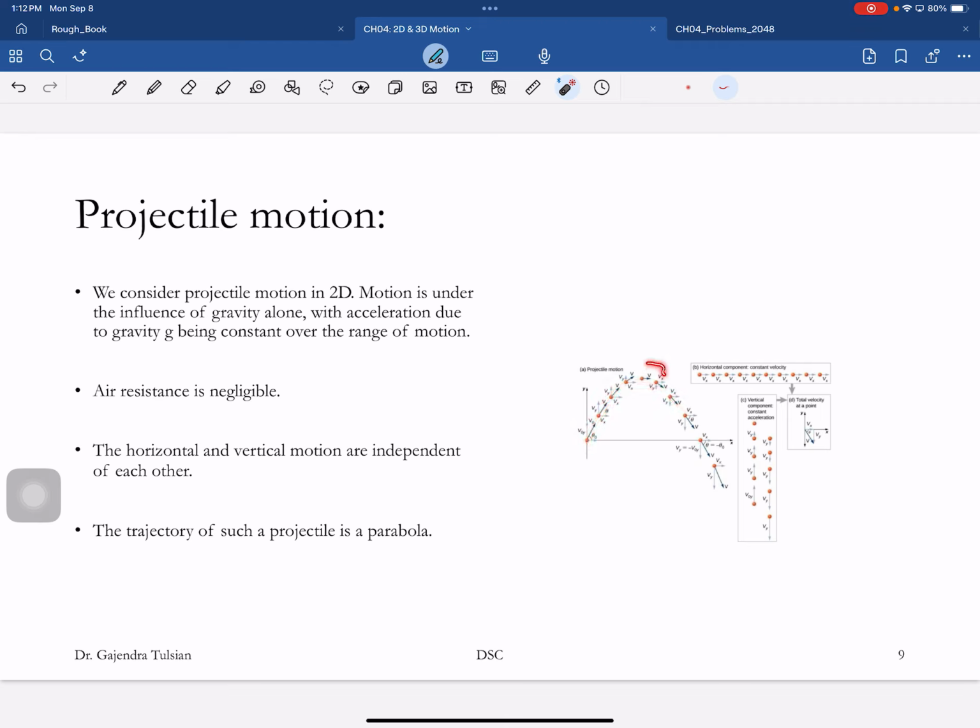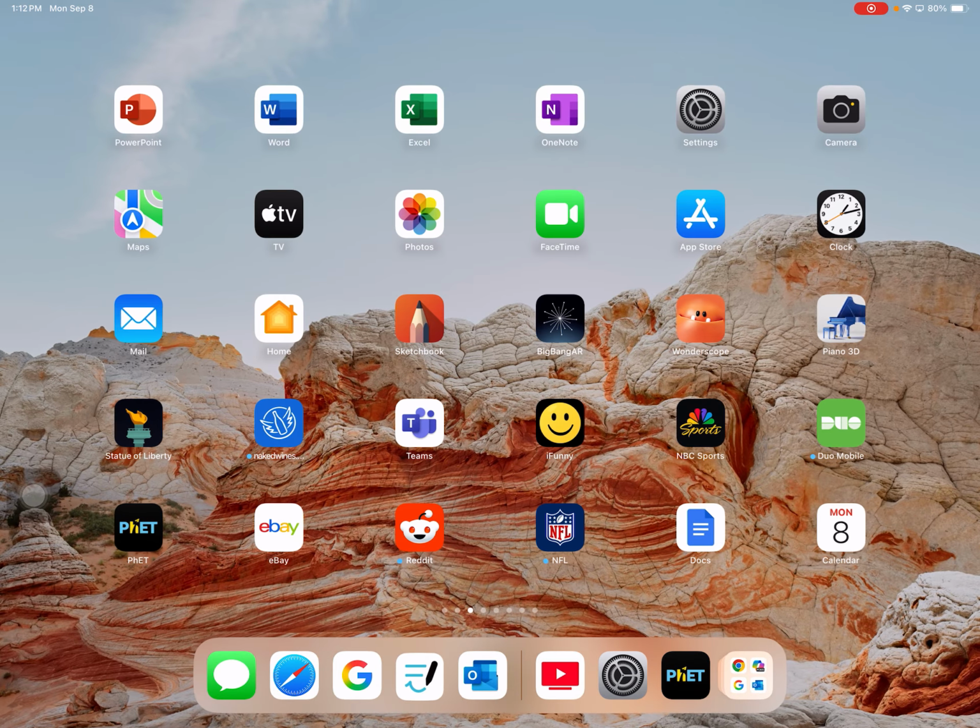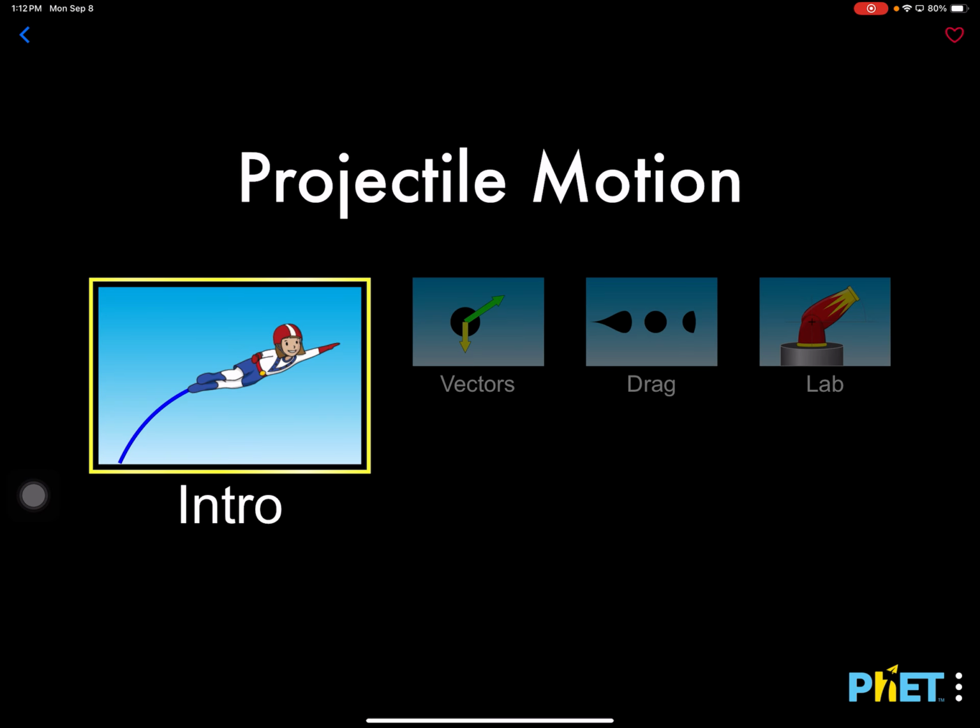And what we're going to show you is that this trajectory is a parabola. Here's the x coordinate of the object, and here's the y coordinate of the object. Let me show you a couple of things about this projectile motion.